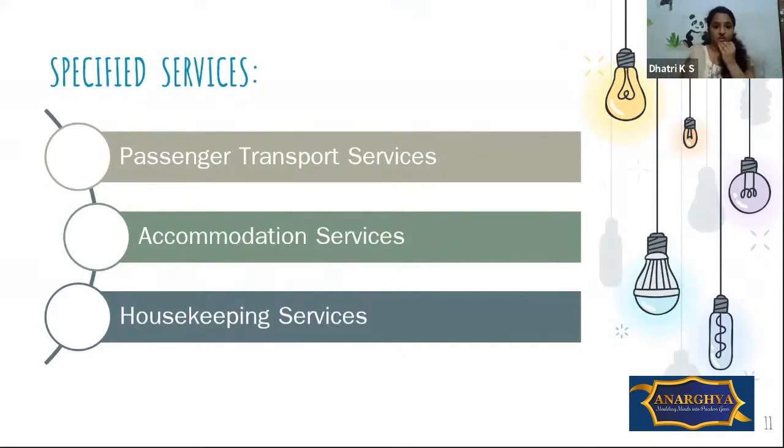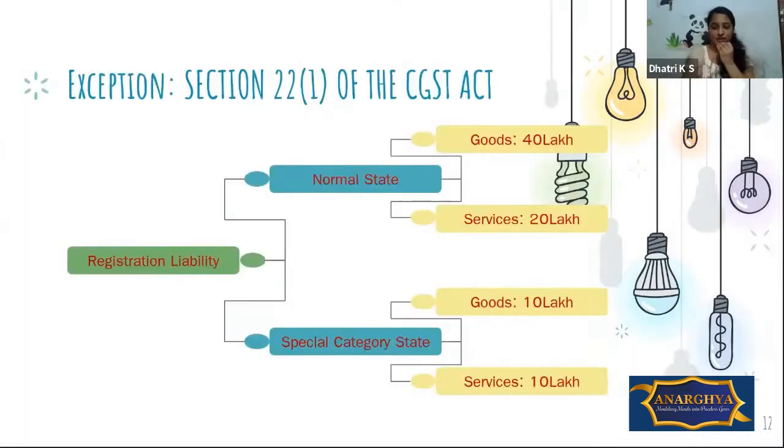Now, as I said, for accommodation services and housekeeping services, it is covered under Section 9, Subsection 5 if and only if the supplier is not liable to get himself registered under Section 22, Subsection 1 of the CGST Act. So, Section 22, Subsection 1 speaks about the cases in which a supplier is required to obtain registration.